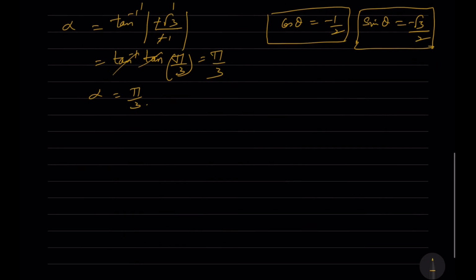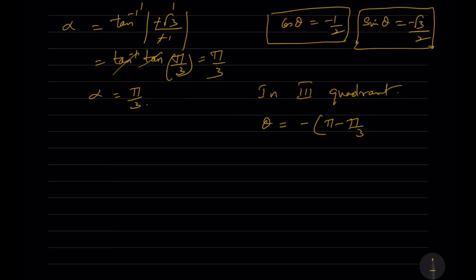Now we know that in the third quadrant, we have already seen these formulas, theta is equal to minus of pi minus alpha. So theta is equal to minus of 2 pi by 3. So you are getting theta is equal to minus 2 pi by 3. This is the argument which we are having, and this is the way we will write this value.